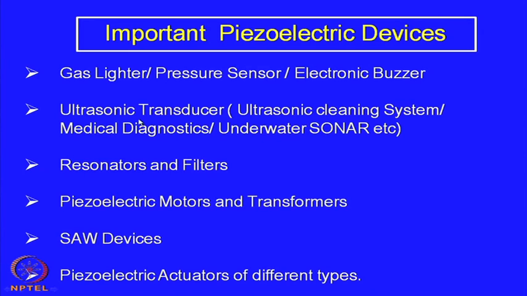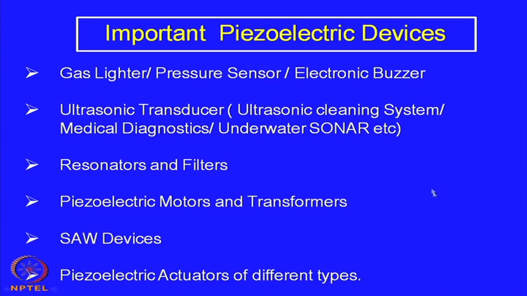Okay. Another very important area which has not been listed here, but once again ultrasonic transducers are very important for, is flaw detection. Flaw detection in metallic systems or even any other material systems.